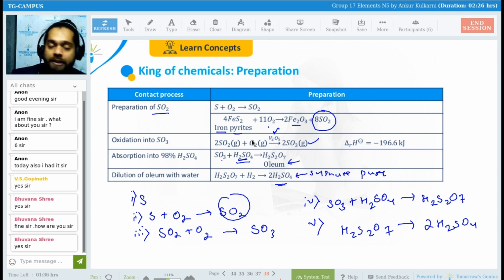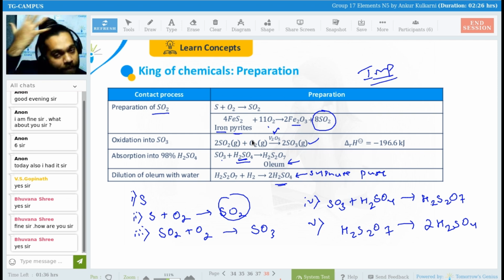So write this down, important steps. This is how we prepare sulfuric acid, the king of chemicals. Write it down and say done in the chat box.